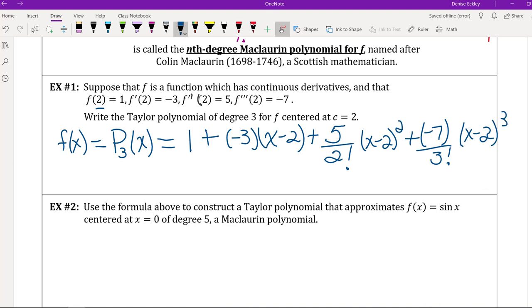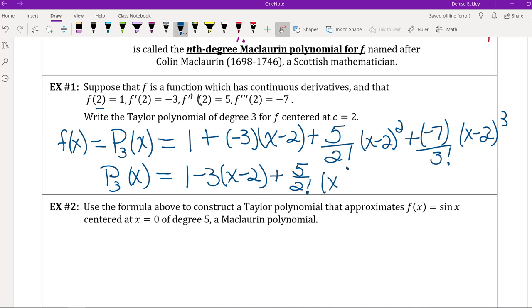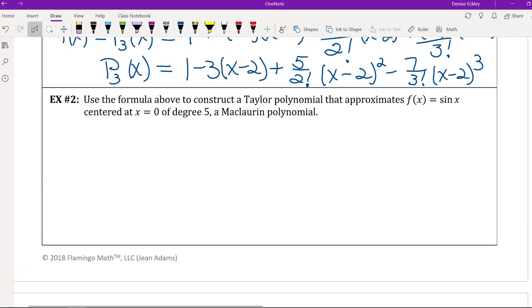And when you simplify this, you get p sub 3 is going to equal 1 minus 3 times x minus 2. I'm just going to leave it like this so you can see the general form. For the next one, we'll actually write it out.